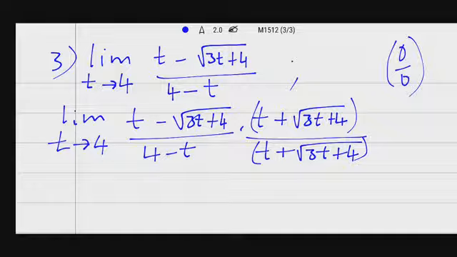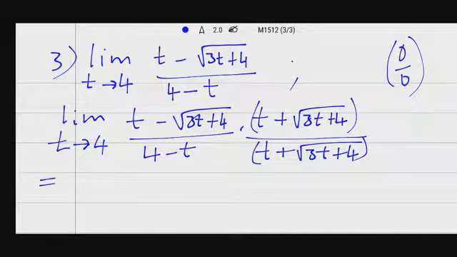So this is what we have. And if you do that, in the numerator you have two expressions which are multiplying: t minus root of 3t plus 4, multiplied by t plus root of 3t plus 4. This calls for a difference of two squares. Please remember difference of two squares.